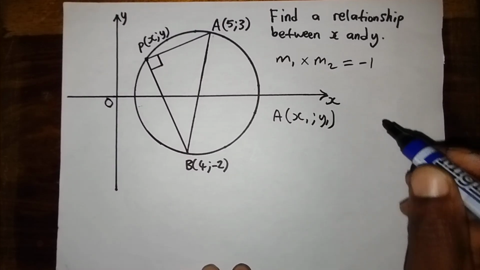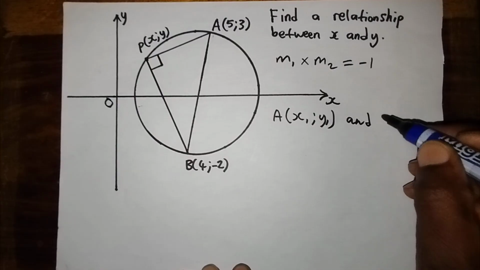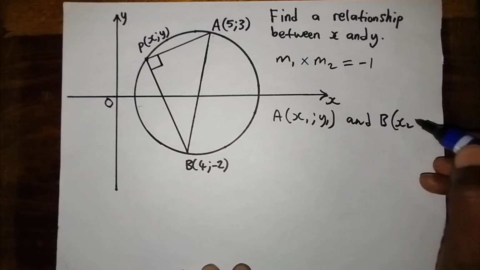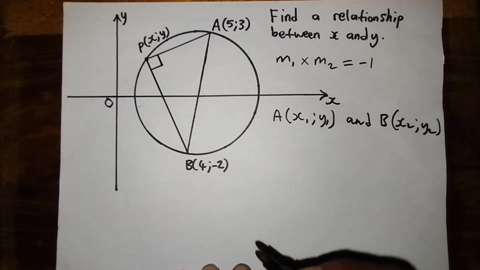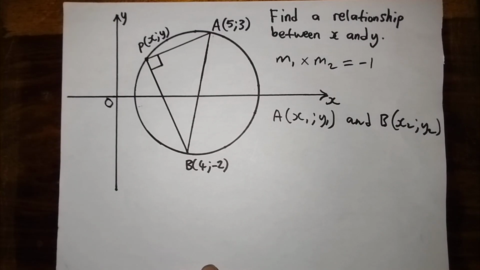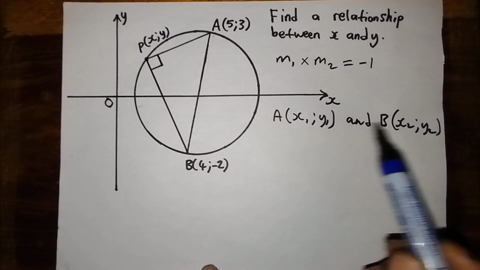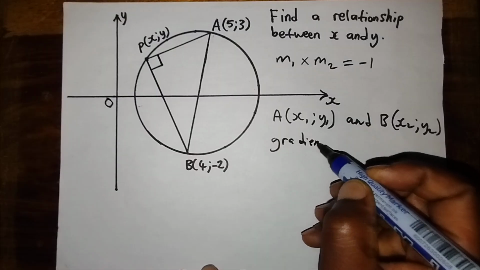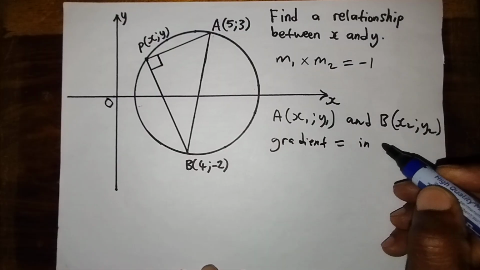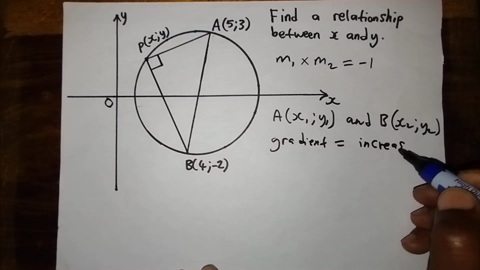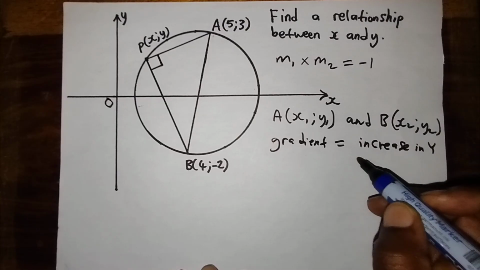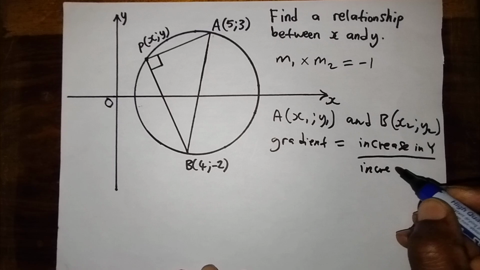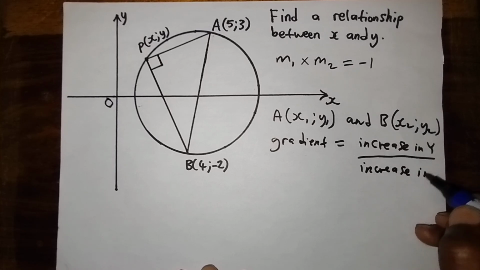Okay, so the gradient of a line passing through the point A, whose coordinates are, say, (x1, y1), and also the same line passing through point B, whose coordinates are, say, (x2, y2), is given by increase in y over increase in x.